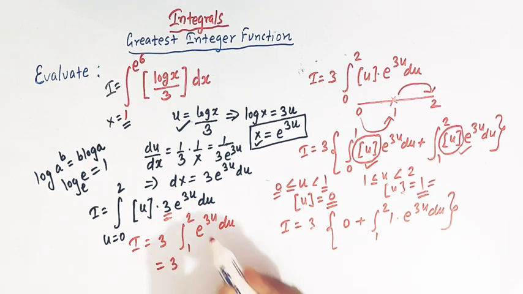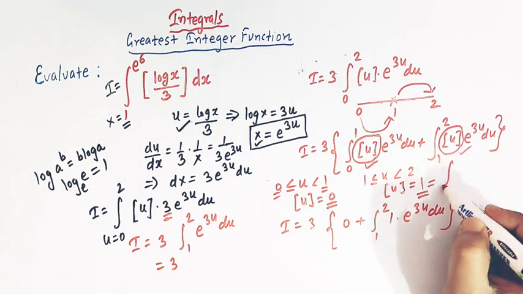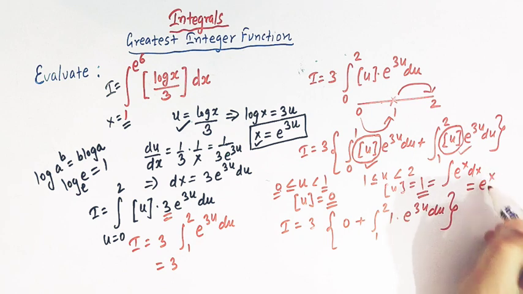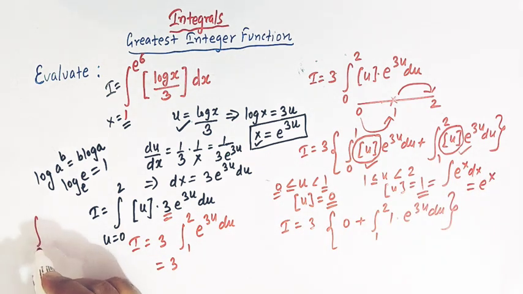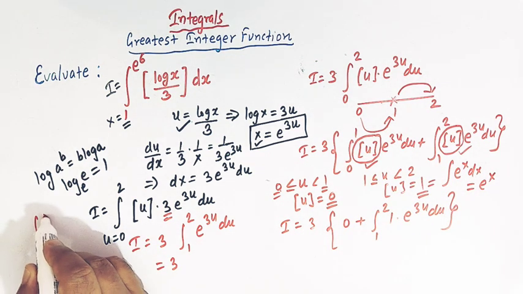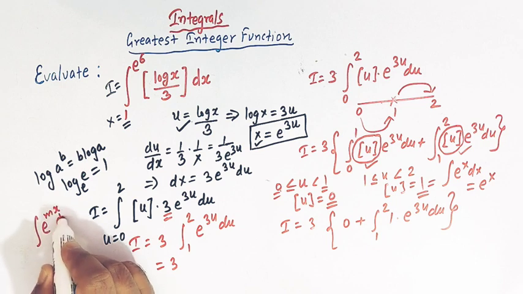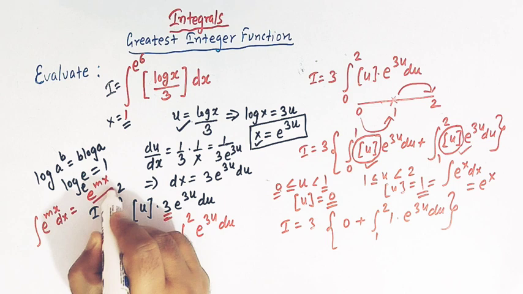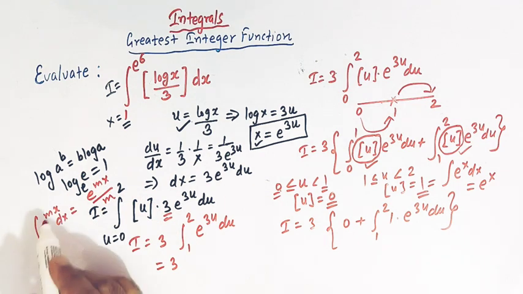Now we know that the integral of e raised to x is e raised to x, or in other words, the integral of e raised to mx dx is equal to e raised to mx divided by m, where m is some real number.